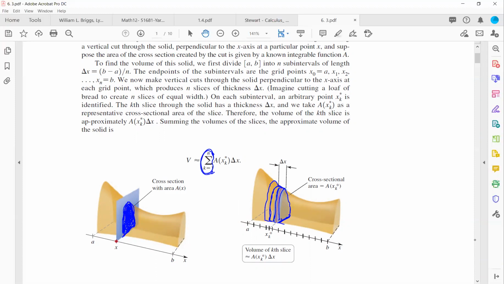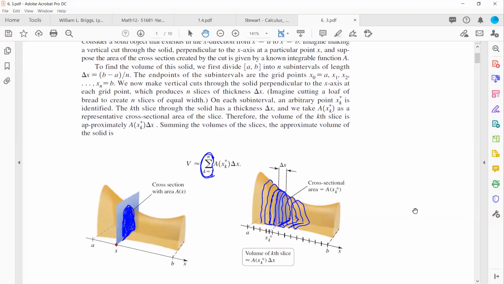It gives you the volume of your object. So this is the big picture, what's going on here. By taking small slices and multiplying them by their delta X's, and finally add them all together, you can define the volume of any object. So this is just the idea behind it.